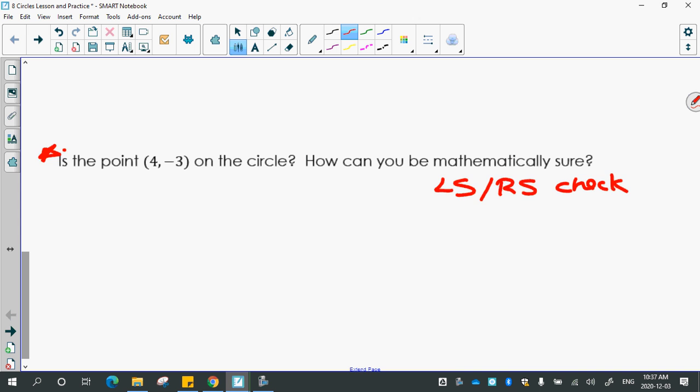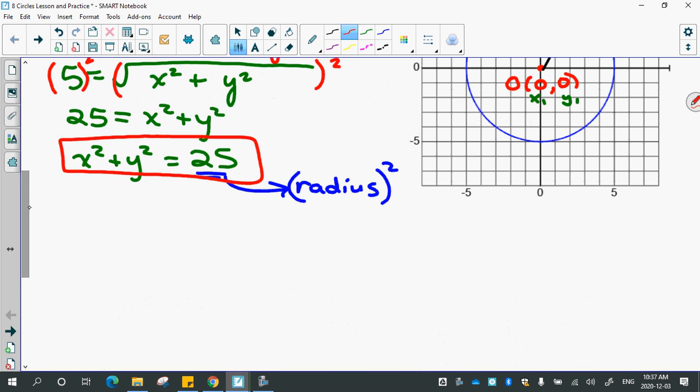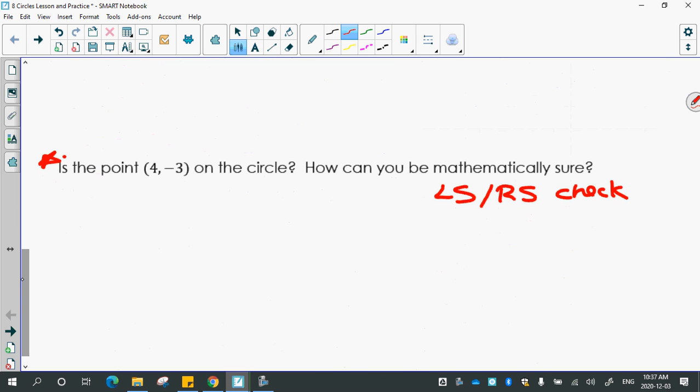So if this point was on this circle, whose equation we know, it would have to work out for the left side, right side check. So we look at our equation of our circle. We've got more on the left side, so we're going to make our T-chart, with more room on the left side and less room on the right side.